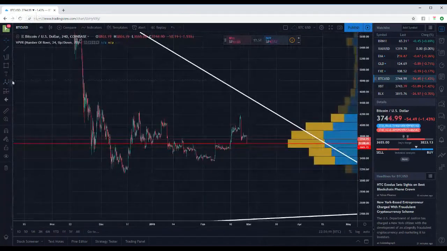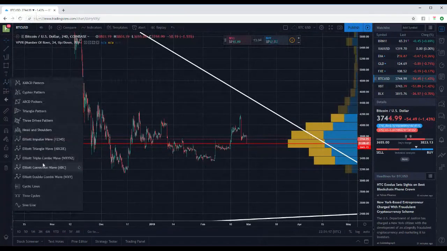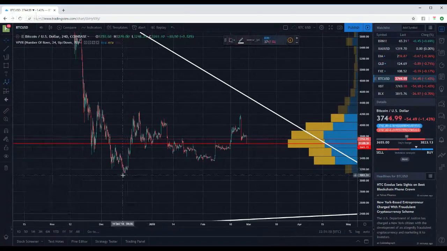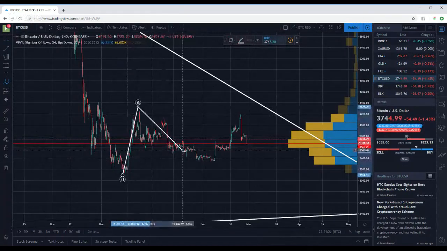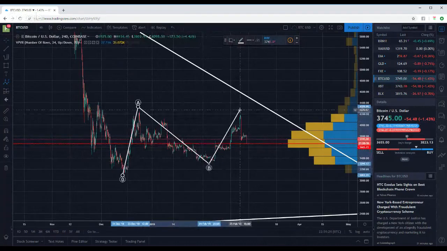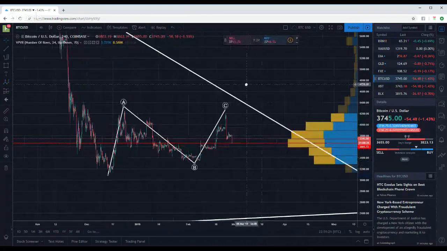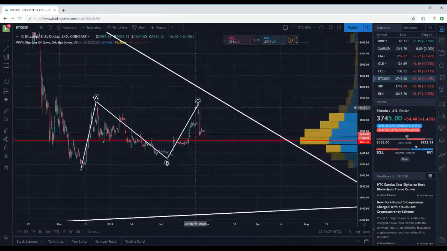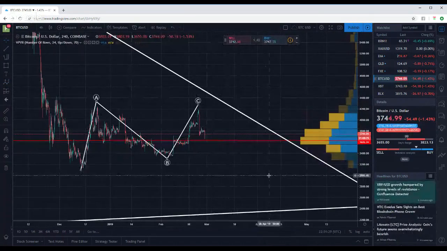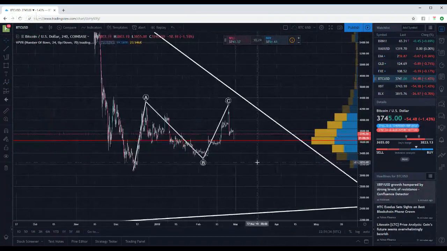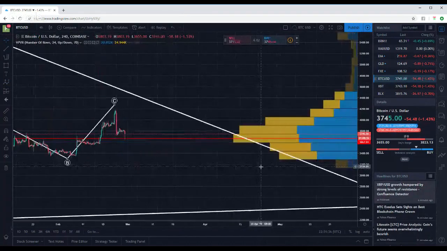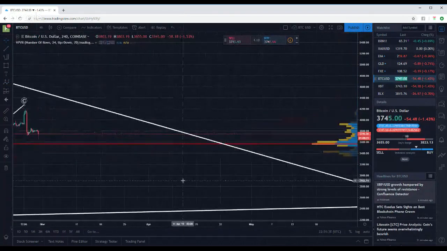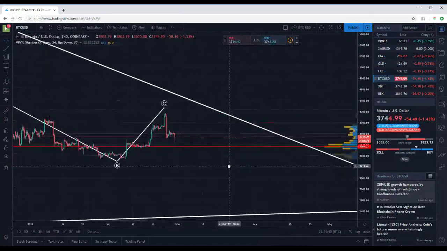So this ABC is the bearish count, where this was a flat correction. This ABC is over, and we are going back to impulse and back to the motive wave, or the true trend of the market, which has been bearish and is bearish until proven otherwise.